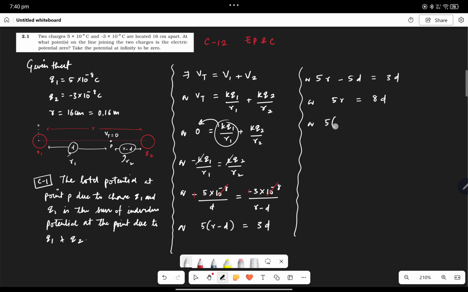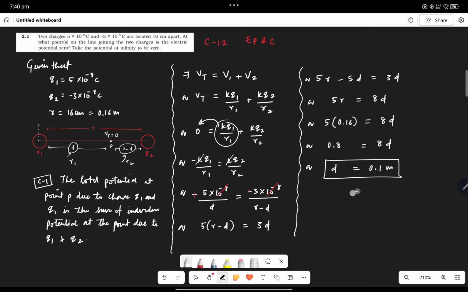So 5 into 0.16, the distance between these two charges, equals 8D. So 5 into 16 is 80, so that is going to be 0.8, and 8D, and D is equal to 0.1, and that is in meter. So this is the particular value that you are going to get.